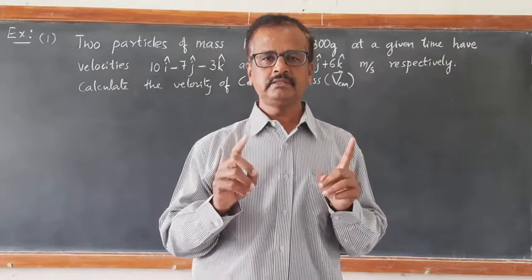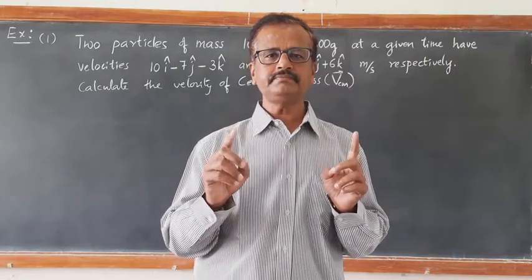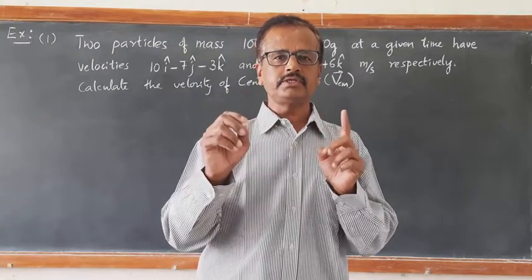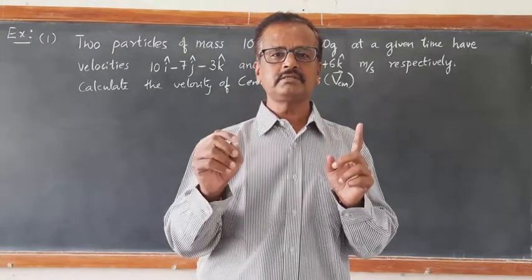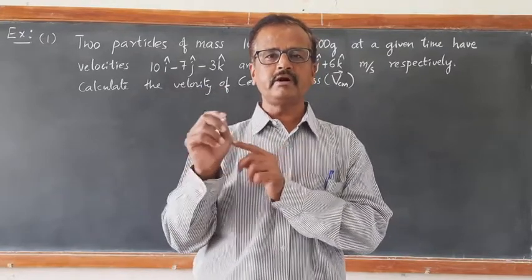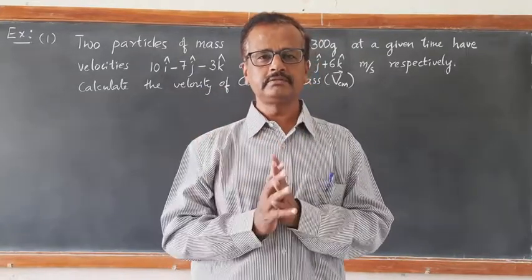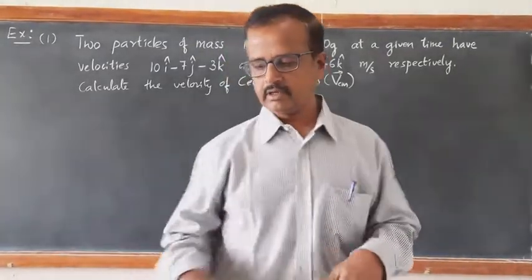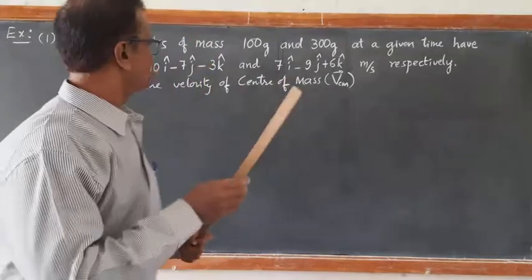Prove that in an isolated system, the velocity of center of mass remains uniform and center of mass moves along a straight line. This is the question for the derivation that we have done. Now let us see the next question.